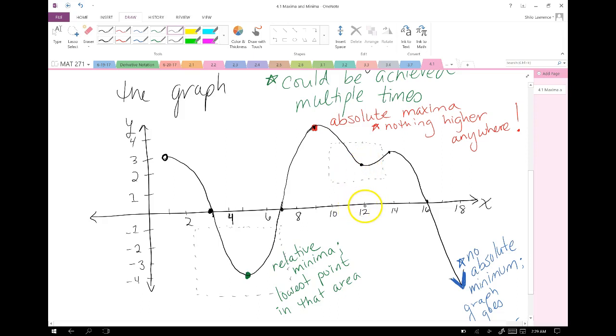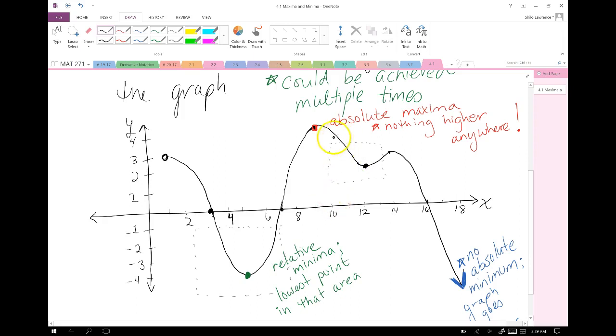So approximately at 12.2, so my point there is a bit off. At approximately 12.2 here, there's another lowest point.